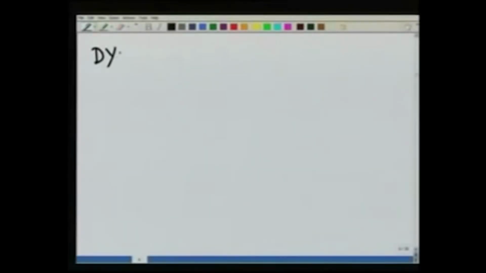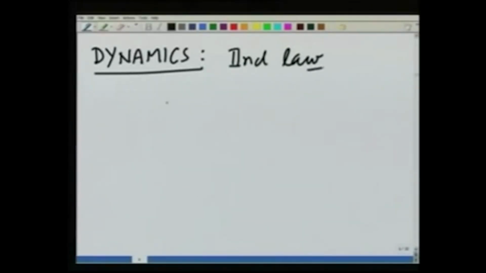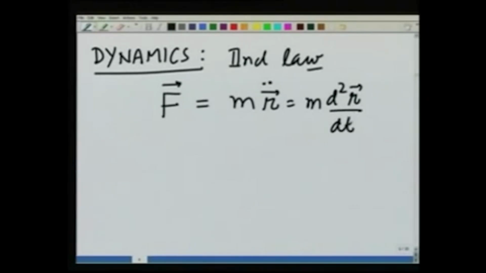How about the dynamics of a rigid body? You recall, when we considered the dynamics of a particle, we started with the second law of Newton that said that for a point particle, force equals mass times r double dot, the second derivative, the acceleration of r with respect to time.